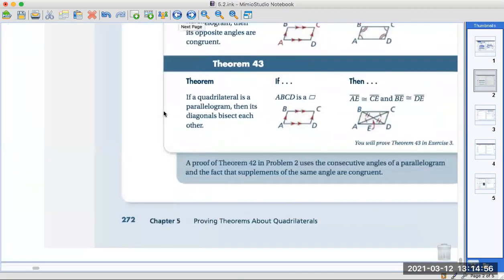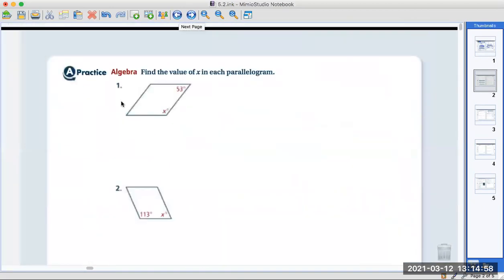Now we're on page 272 on the top, practice. We're going to do number 1, find the value of X. These are consecutive angles.